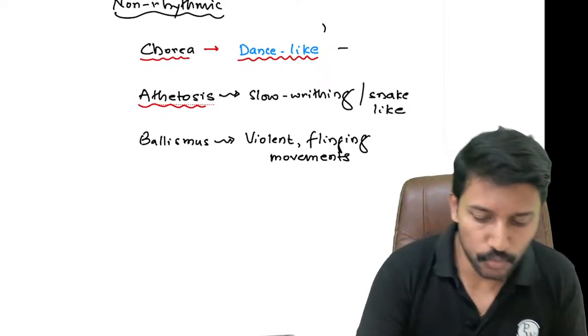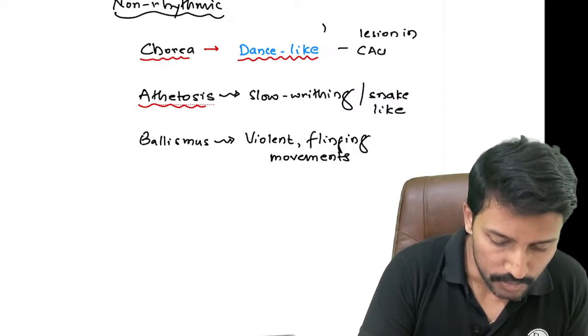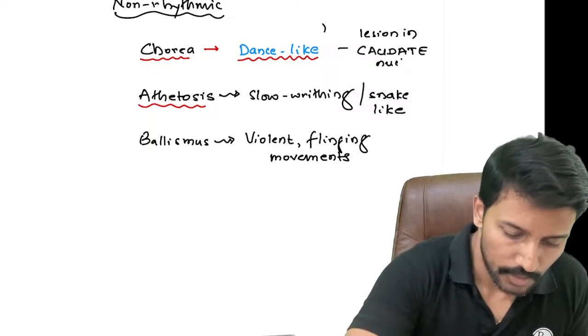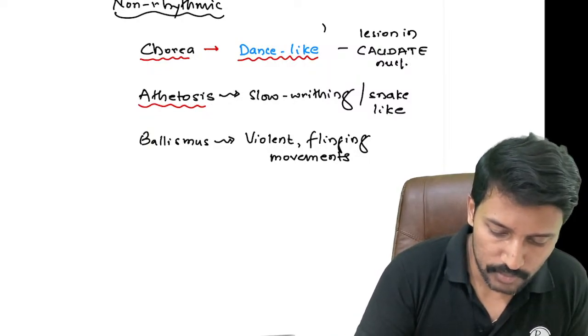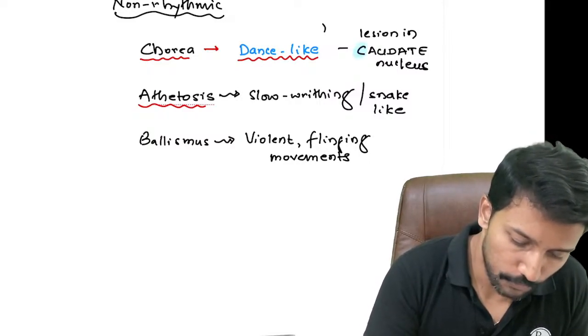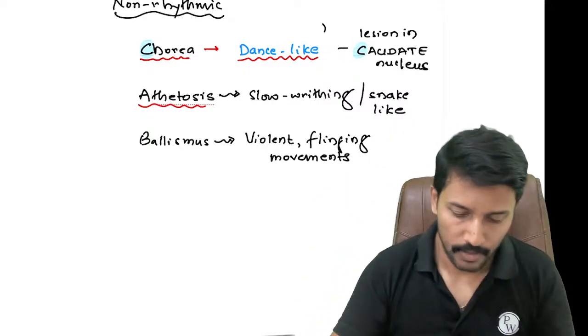Okay, so chorea is due to lesion in the caudate nucleus of the extrapyramidal system. Caudate nucleus. Pretty easy to remember because it is C for C. So as long as you remember C for chorea, caudate nucleus. Okay.